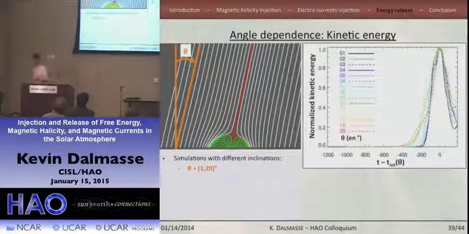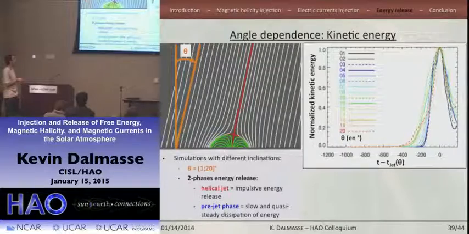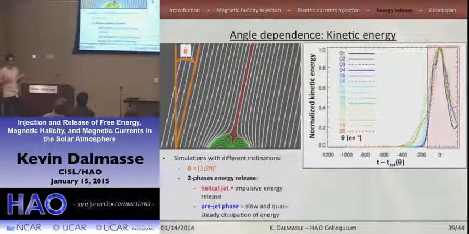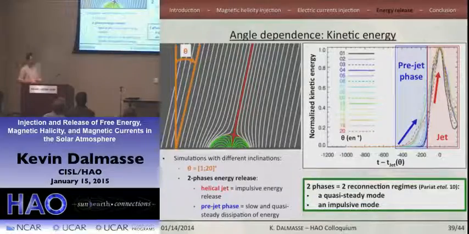This gives me these normalized kinetic energy curves in which I was able to identify two phases: the helical jet phase, which is associated with the impulsive release of free energy, and a pre-jet phase, which is associated with a slow and quasi-steady dissipation of magnetic energy. These two phases are the signatures of two reconnection regimes identified by Pariat et al. 2010, one quasi-steady reconnection mode and one impulsive reconnection mode.